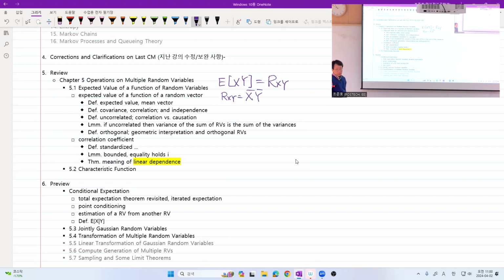When do we have it? In many cases, especially if the two random variables are independent, we always have this equality. However, aside from independence, there are some other cases that satisfy this equality. So we define the term uncorrelatedness.